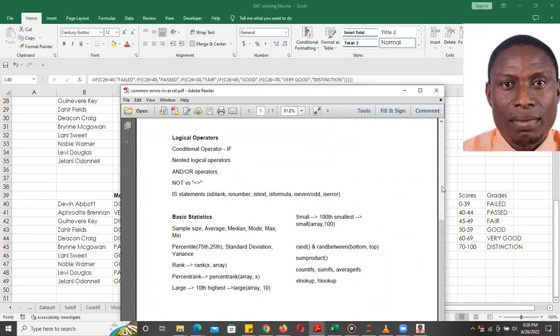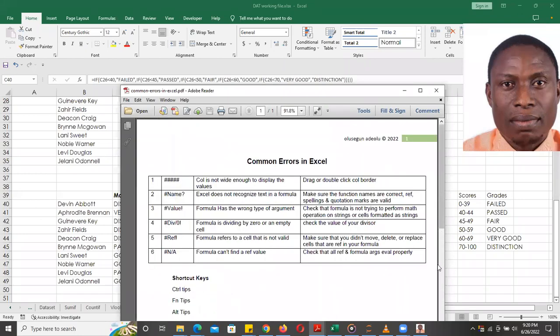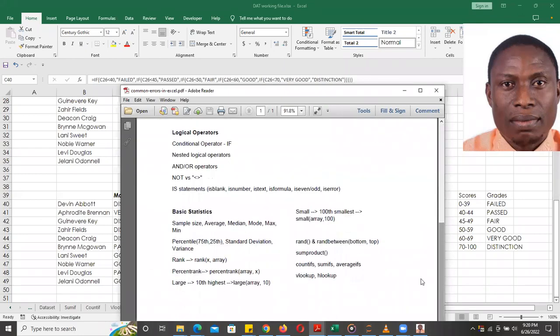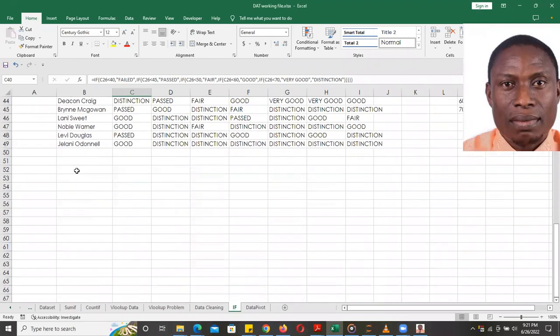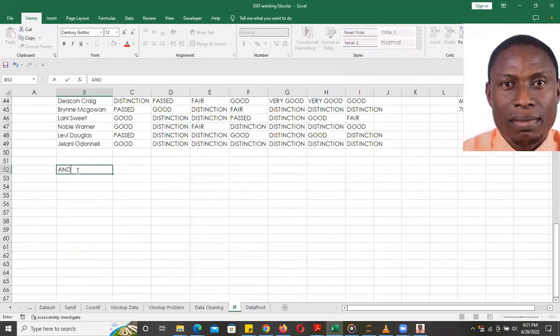Then, if time permits, we'll deal with other basic statistics functions that I have here. So let me just pick the AND, the OR, the NOT, the three of them.